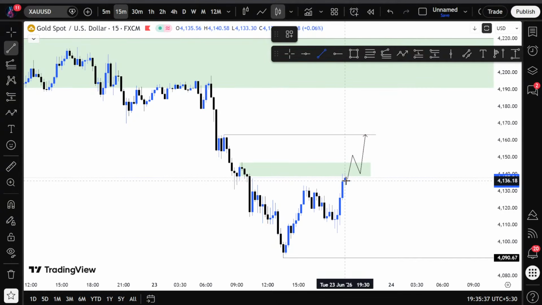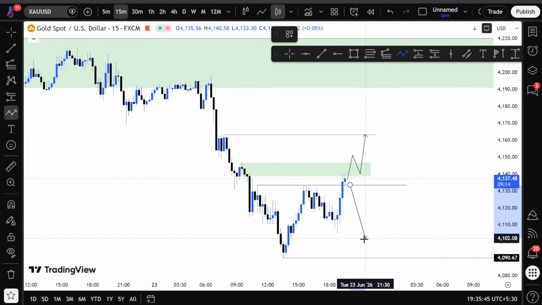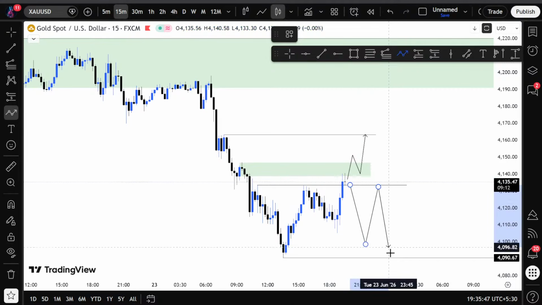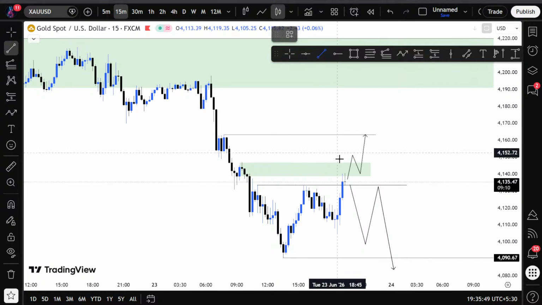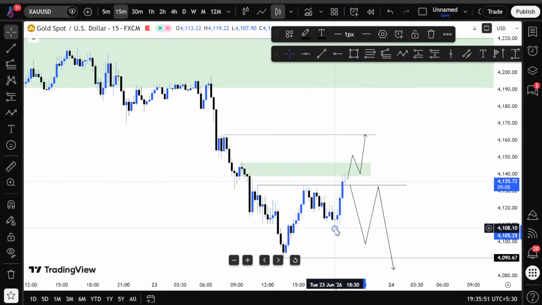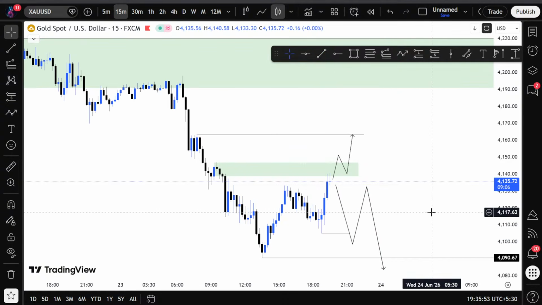To short from here, price needs to do this thing. Change of character.